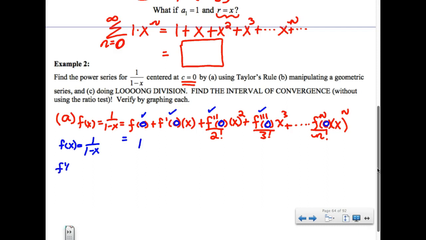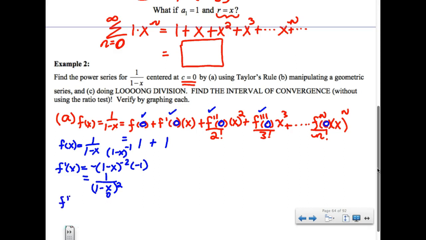F prime of x is going to equal 1 minus x to the negative first, the derivative of which is going to be a negative 1 times 1 minus x to the negative 2 times the derivative of the guts, which gives me 1 over 1 minus x quantity squared, and at 0, that's also going to be 1 when I put in a 0 for x.